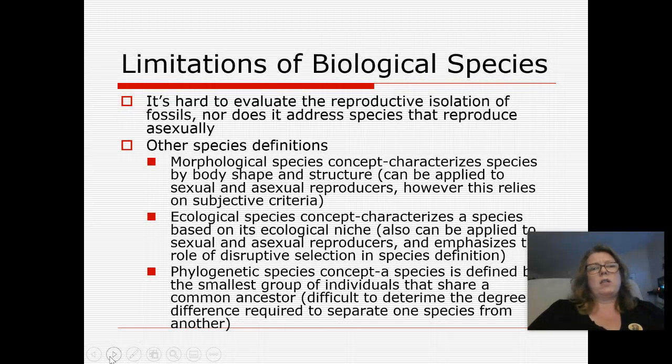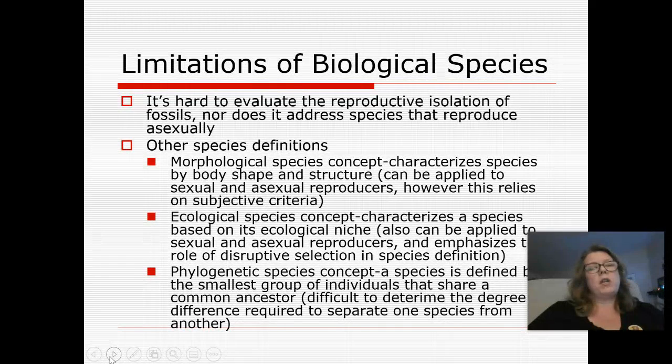It also emphasizes the role of disruptive selection in speciation. You know, this separation of organisms because they have to occupy different niches. And I know we haven't had ecology yet, but only one group of organisms can occupy a niche. Otherwise, you're going to get competition.